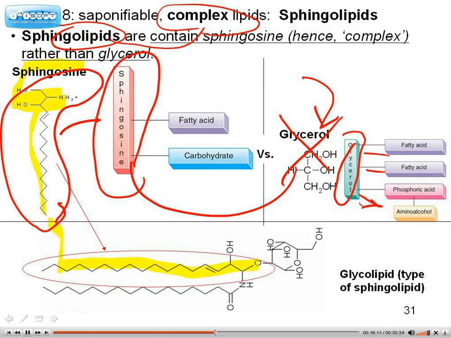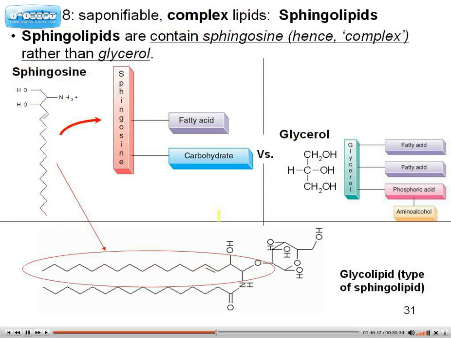This is a sphingosine. Because of this sphingosine, we now have a brand new category. We call these sphingolipids. These are a type of complex lipids, replacing the glycerol with sphingosine, hence sphingolipids.